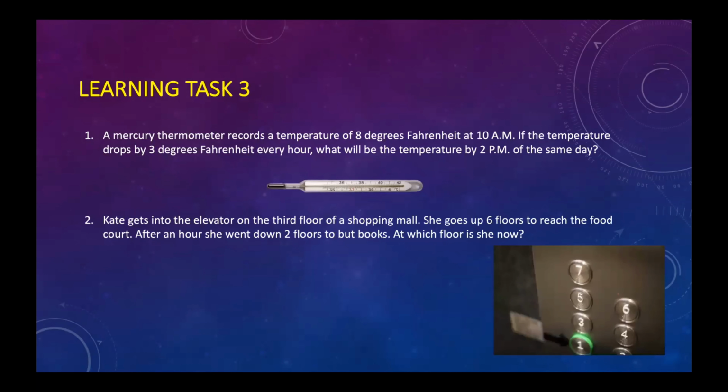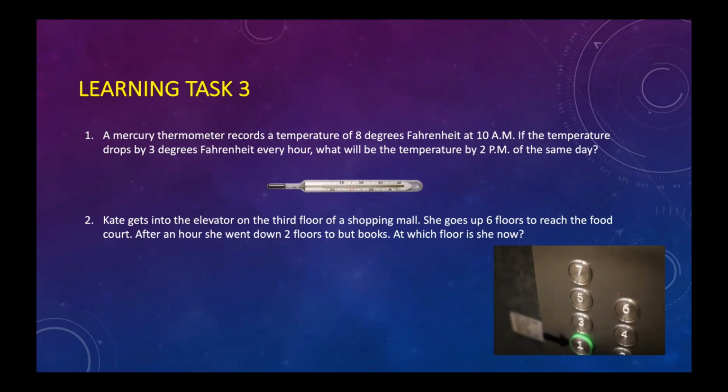All right, so once you finish with task number 2, let's proceed with learning task number 3. A mercury thermometer records a temperature of 8 degrees Fahrenheit at 10 a.m. If the temperature drops 3 degrees Fahrenheit every hour, what will be the temperature by 10 p.m. of the same day?